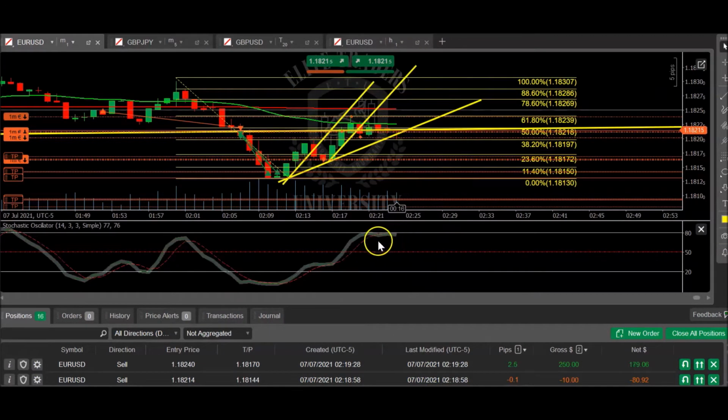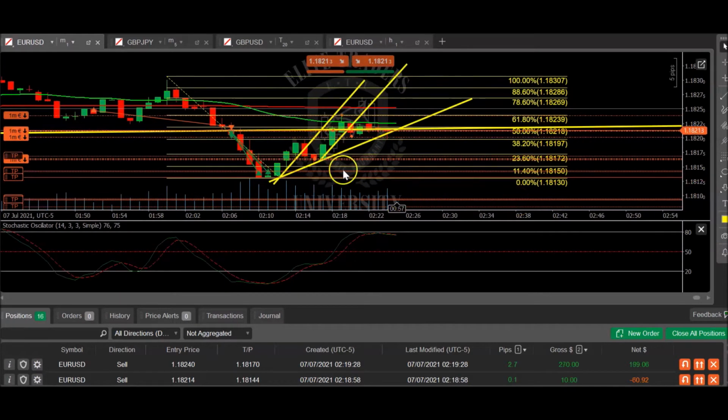And so we can see that we came up to the 80 line, which is, you know, overbought, and we love selling when prices are overbought in a downtrend, and especially if you have something that resembles a bear flag. And we're peaking on the other side of this trend line, so we didn't break any higher.